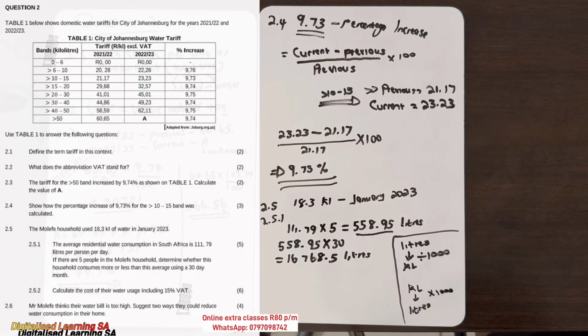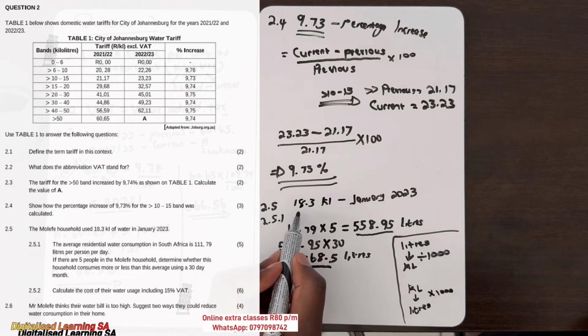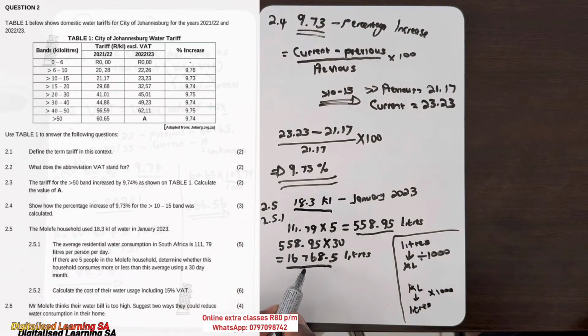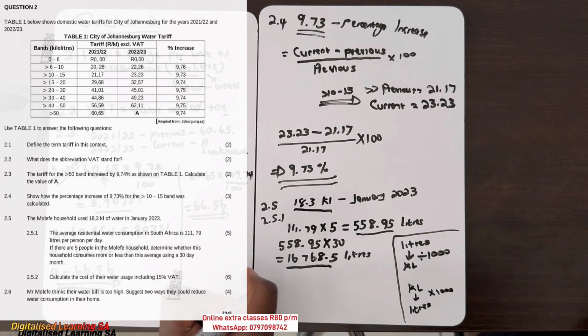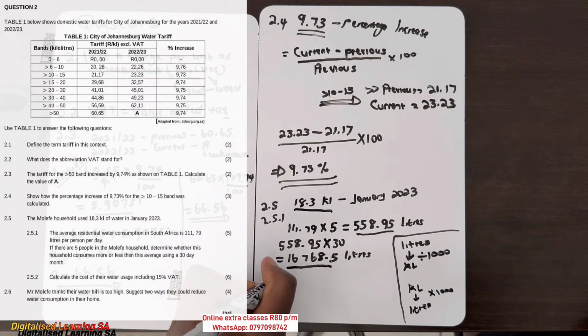So in this case, in order for us to compare these 16,768 liters to the 18.3, we need to divide these liters by 1000 so that we can convert it back to kiloliters.